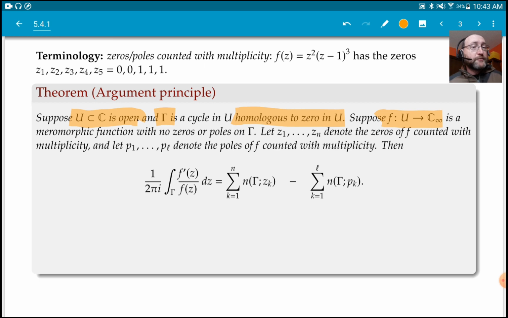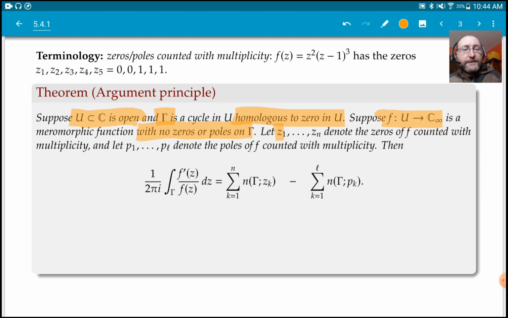So we're allowing poles. So it's a function with isolated singularities in U, which are poles. It doesn't have to have any poles, of course. And the poles or zeros are not supposed to be on gamma. So none of them are on gamma. Gamma goes somewhere else. It doesn't go through the poles. So if it goes through the poles, move gamma a little bit.